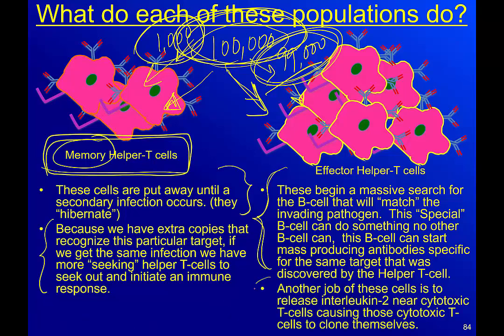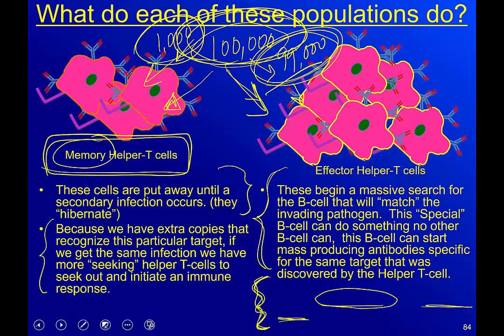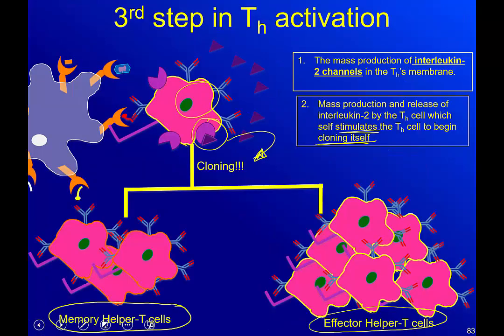So another job, like I said, this is what everything else hinges on. I have to find the cytotoxic T cells that are partially activated and release interleukin-2 to cause them to start cloning. Remember that over here, this cloning didn't happen until interleukin-2 bound here.